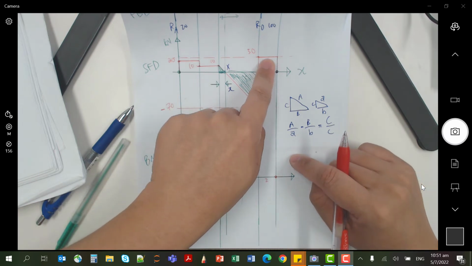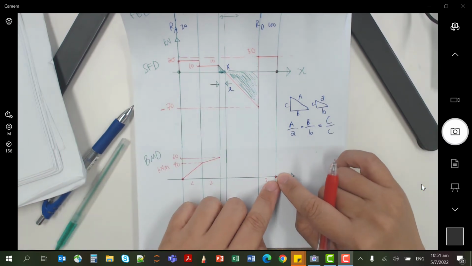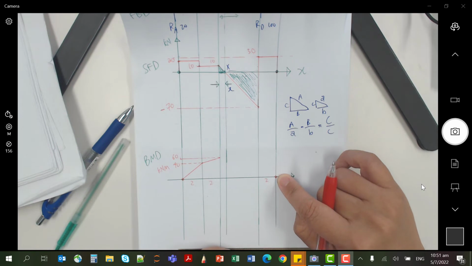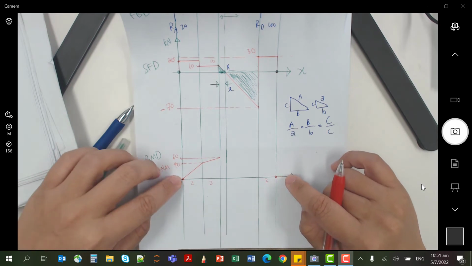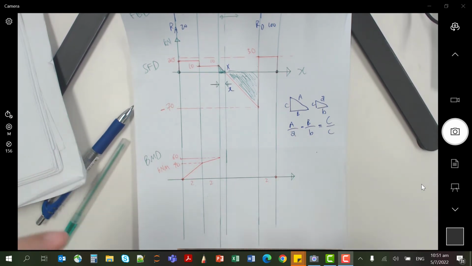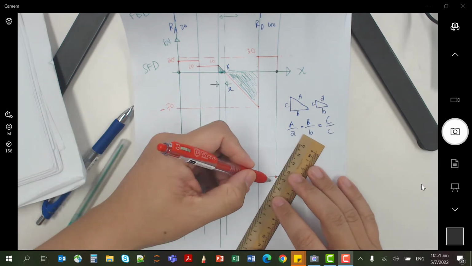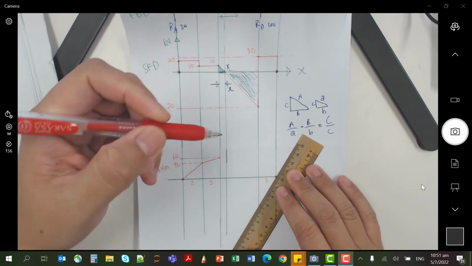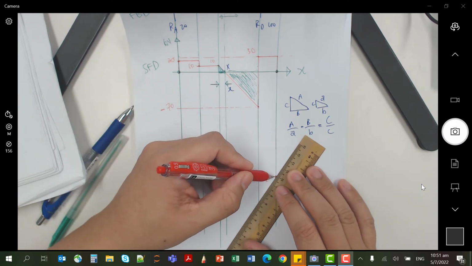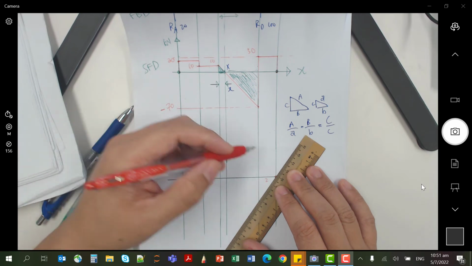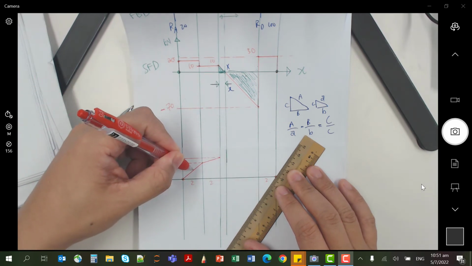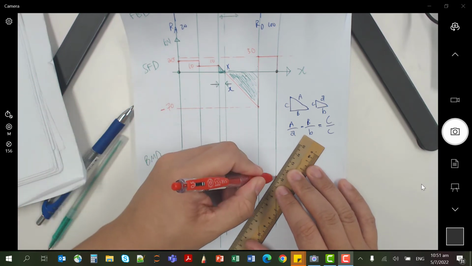And you also know that it's going to end up at 0 here, so for a line to be climbing steadily at a gradient of 30 until it reaches 0, it has to be like that. 30, 20, so it should even be steeper than the first line.